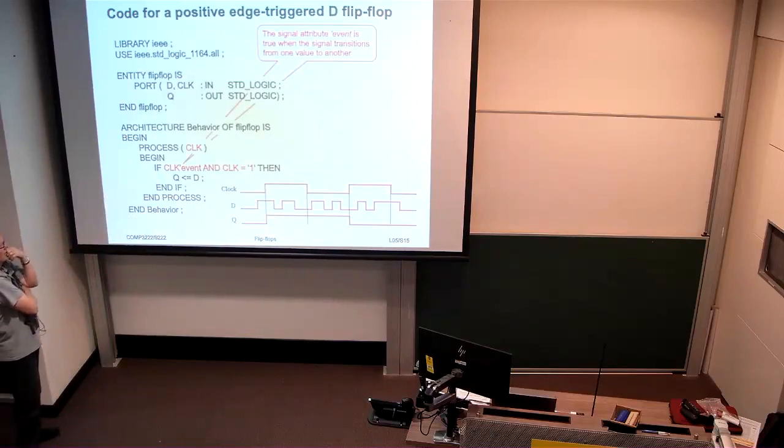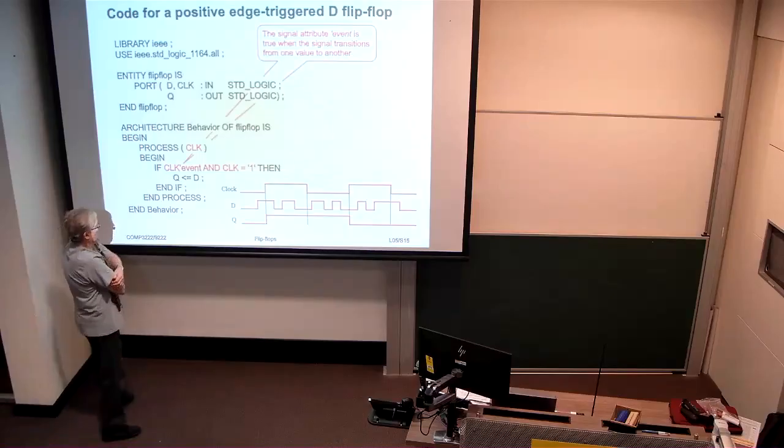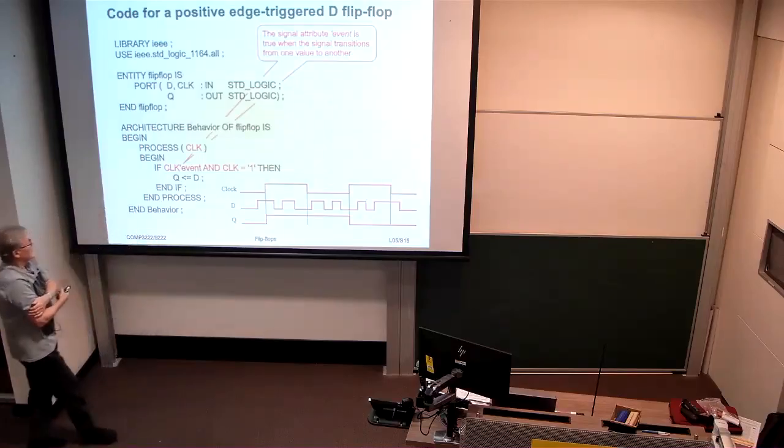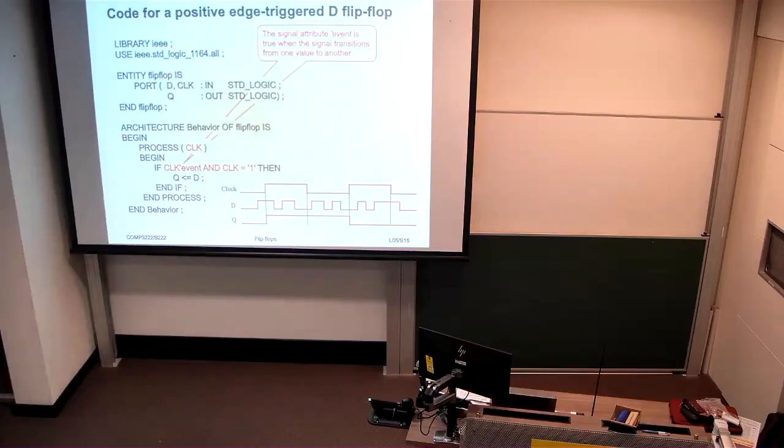That's true, but technically this clock signal can have 9 different values, and we're really only interested in the 0 to 1 transitions, but there are all the others that you might be concerned about as well. But that's irrespective anyway. The clock tick event, this is just the idiom that you use.